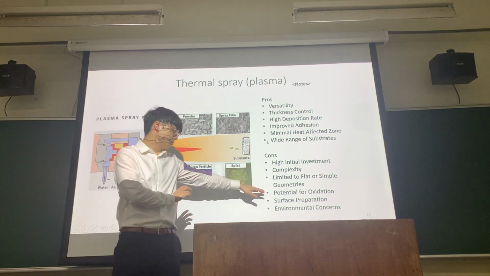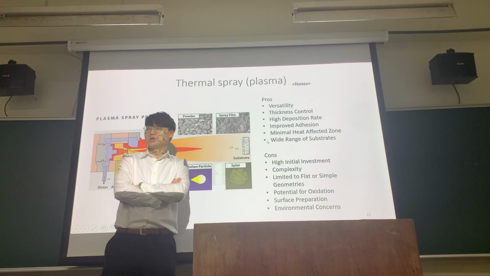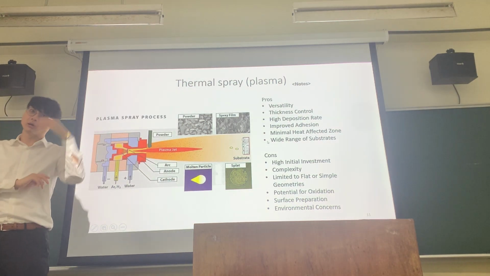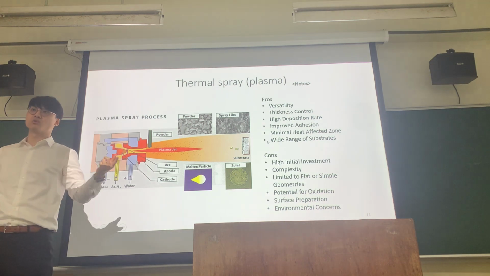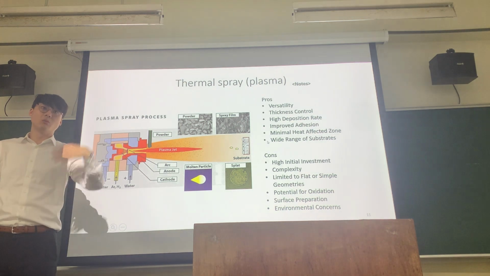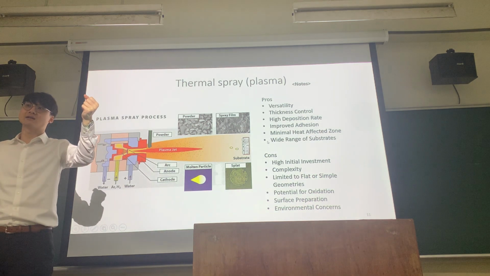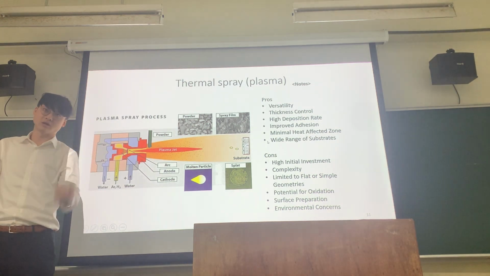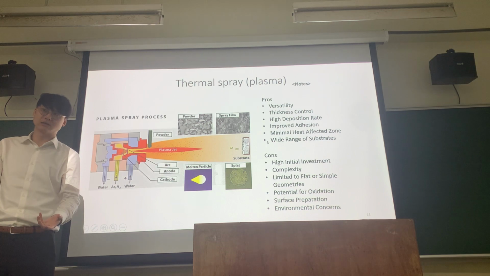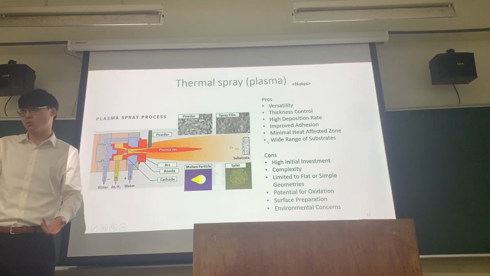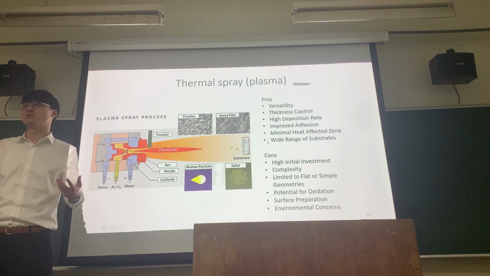This is also very important: potential for oxidation. On a previous slide I mentioned there are two things when you do thermal spray: you either increase the temperature or you increase the velocity, right? If you increase the temperature, it's a lot easier for the sprayed powder to get oxidized. Think about copper. When you raise the temperature, it's a lot easier to oxidize.